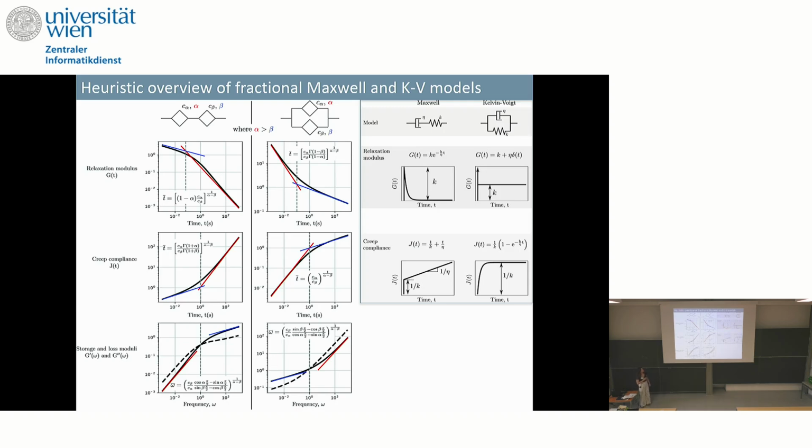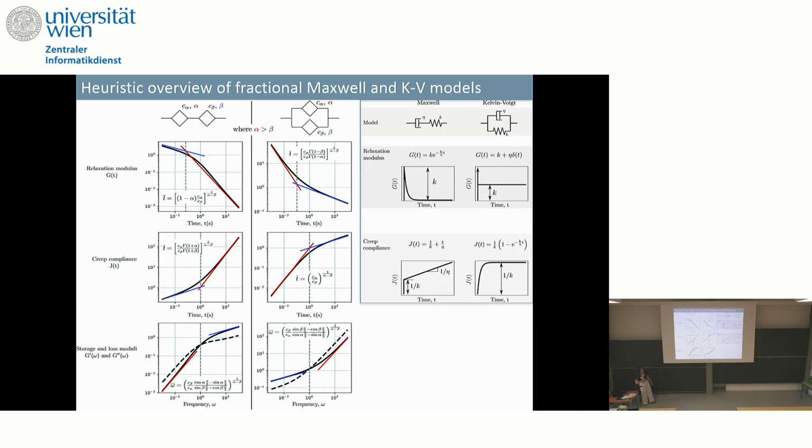So let's put two spring pots in series where alpha is greater than beta. So we have the spring that reacts at short time scale, so the relaxation modulus will have a slope of beta. And then at long time scale, the slope is going to be that of alpha, of the higher power element.